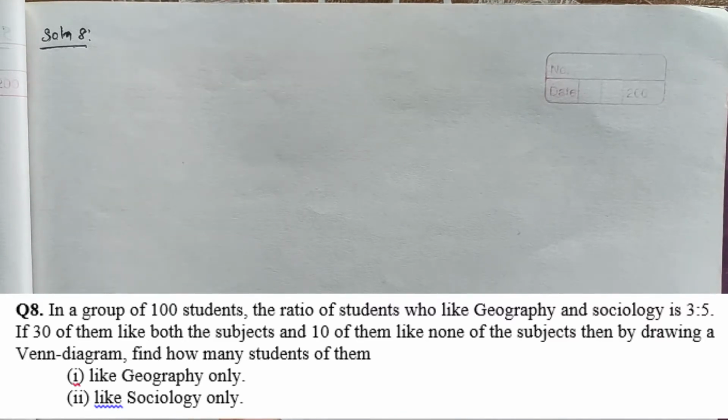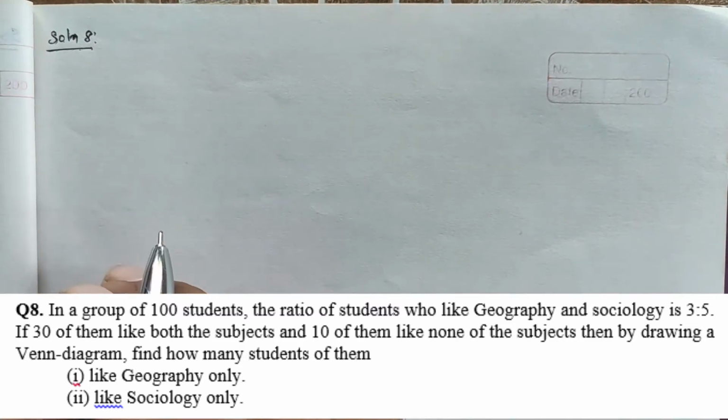You have to draw a Venn diagram, then find who like geography only and who like sociology only. So let's see how we can solve this.